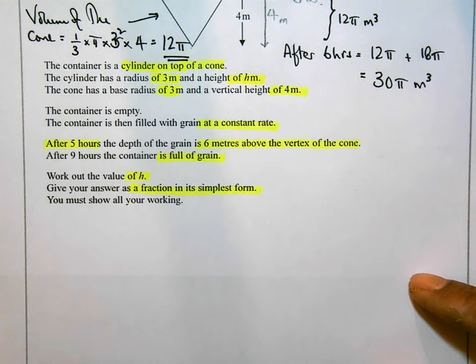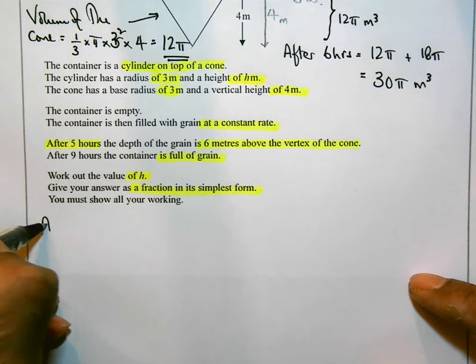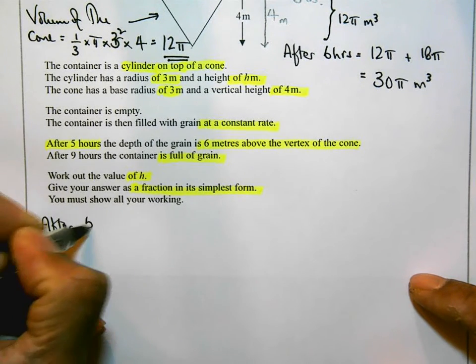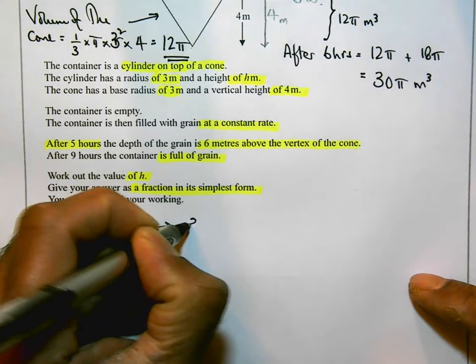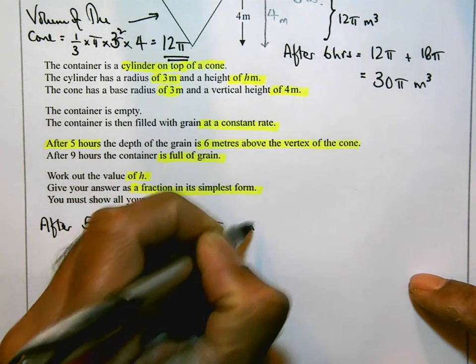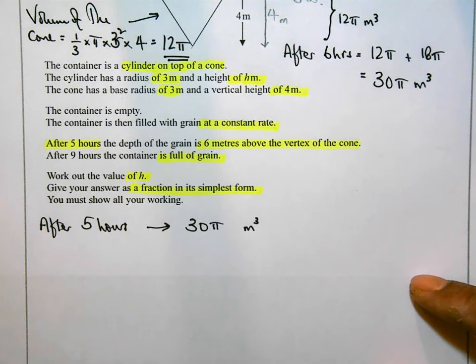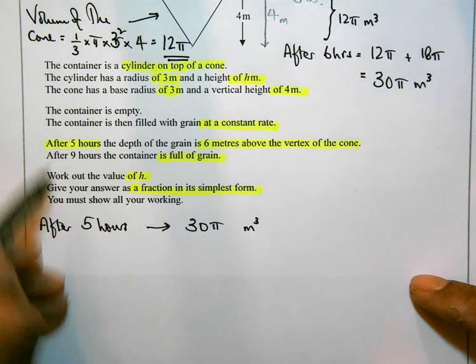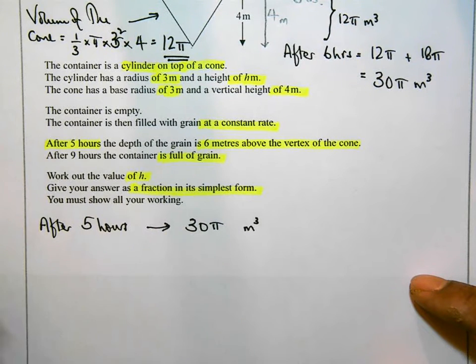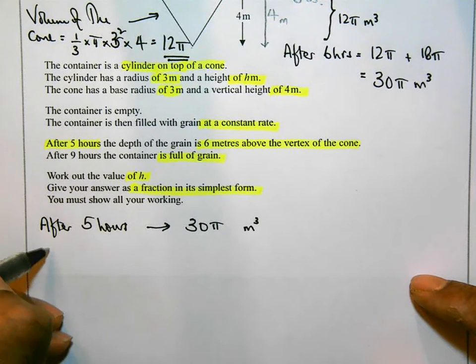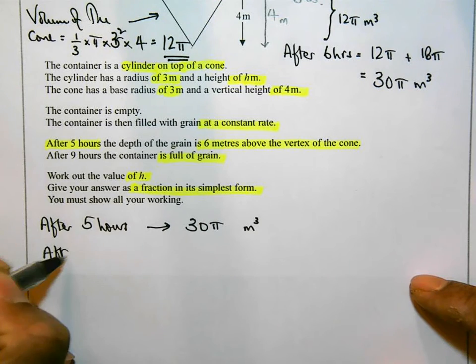So let's actually use this and think about what we need to do next. What I'm going to write down is the fact that after 5 hours, we have 30 pi meters cubed of grain in the container. They said after 9 hours, the container of grain is full.